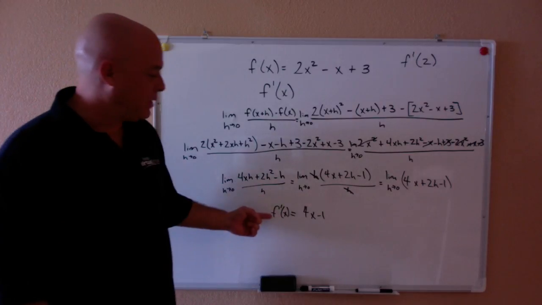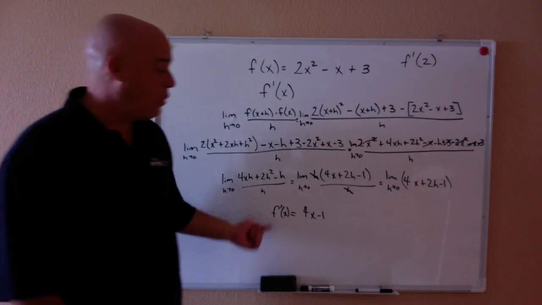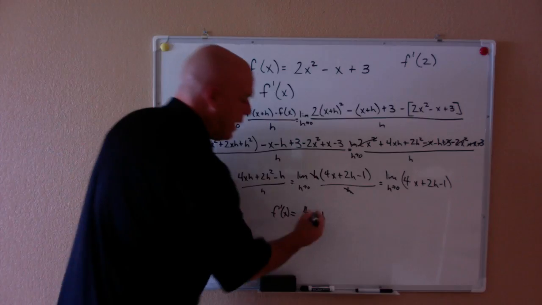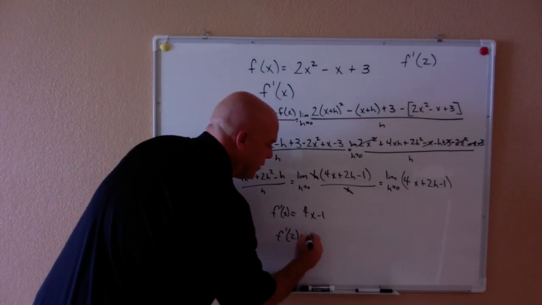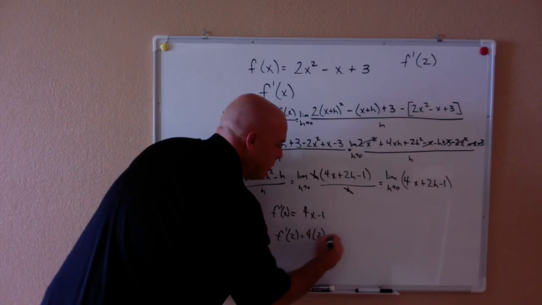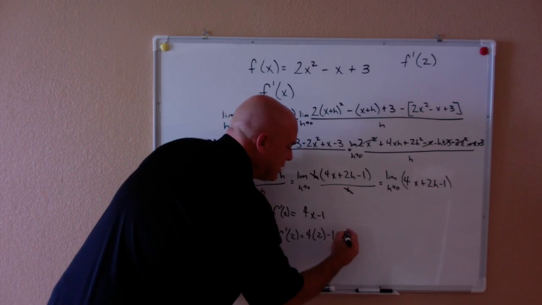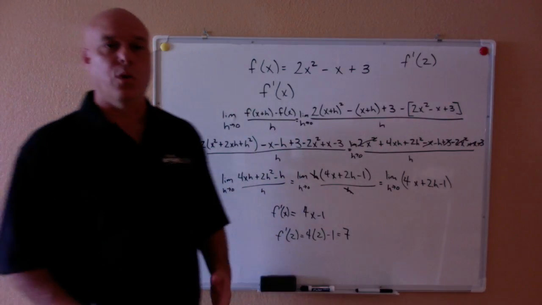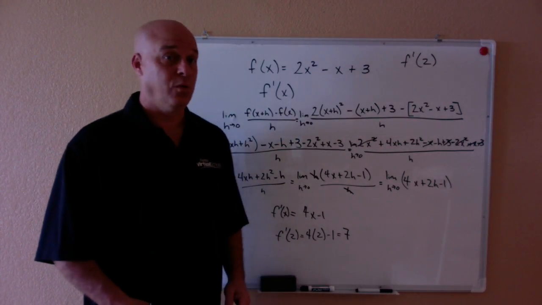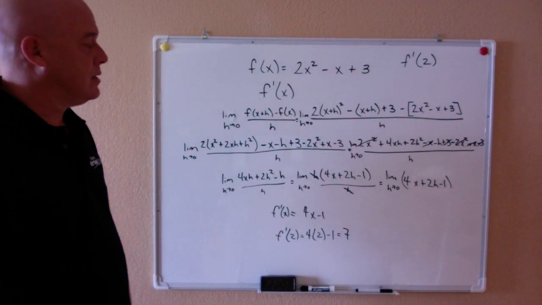Well, now that I have what the instantaneous rate of change is over the entire function, all I have to do is evaluate f prime of 2. That's going to be 4 times 2 minus 1. So the instantaneous rate of change at x equals 2 is going to be 7. Okay? So that's how we find the instantaneous rate of change.